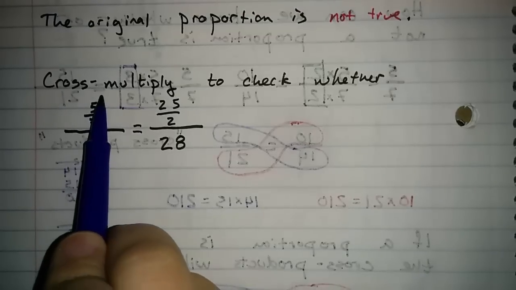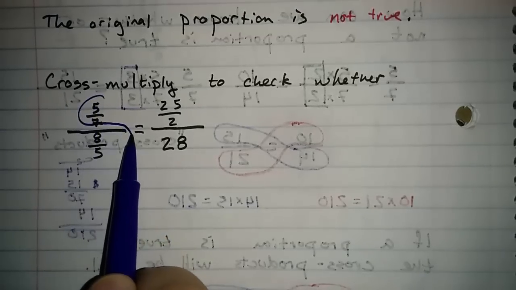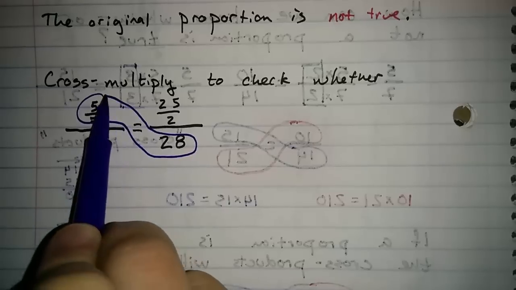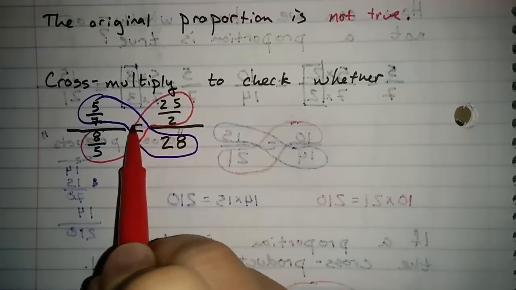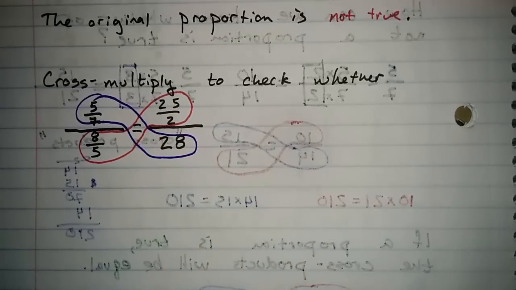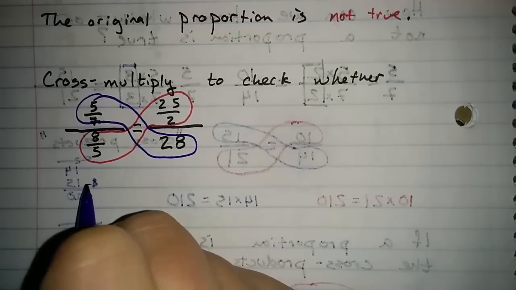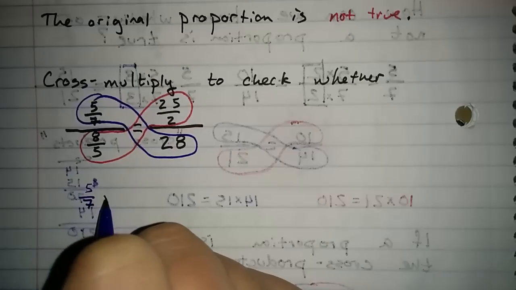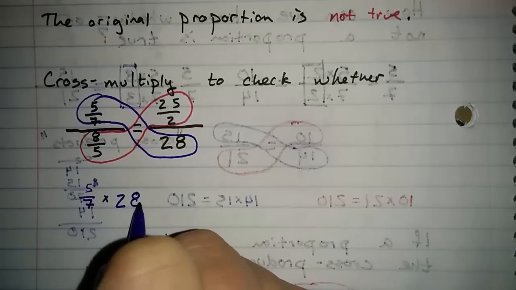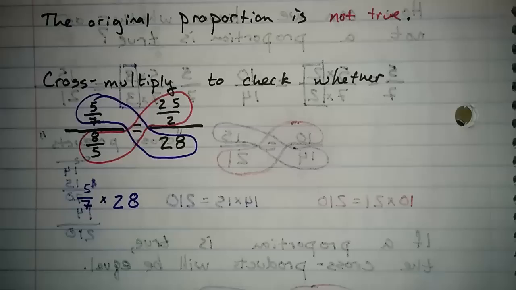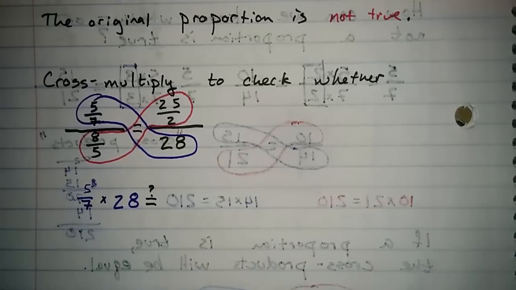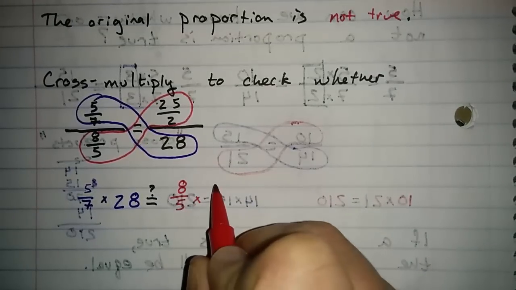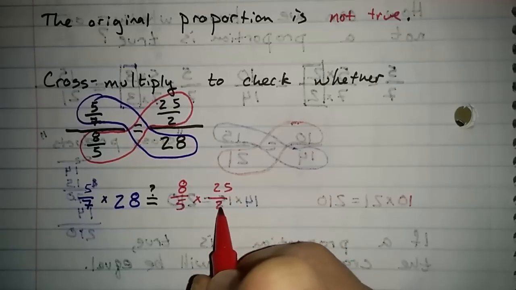Okay, so it'll be first numerator times second denominator, first denominator times second numerator. So we'll have 5/7 times 28, and we want to know, is that equal to 8/5 times 25/2?